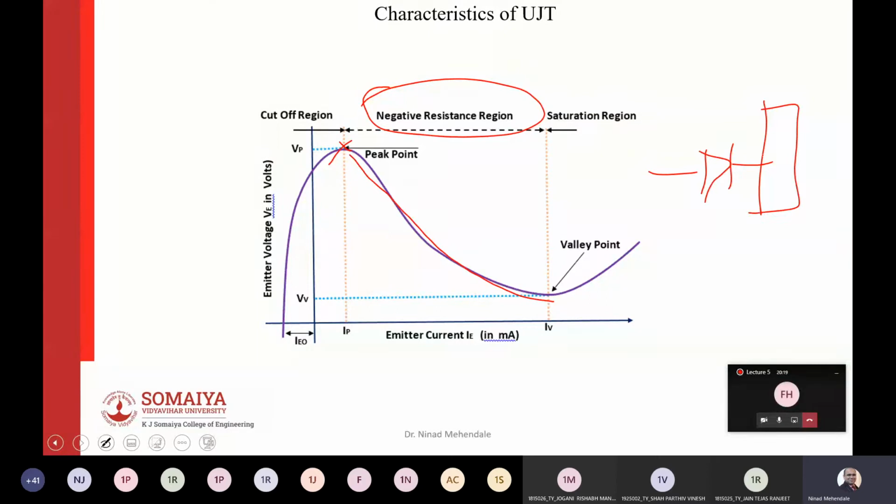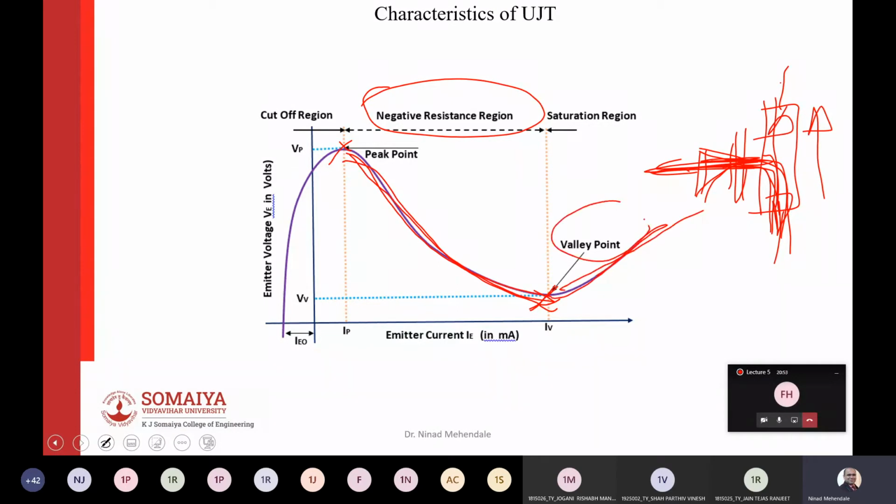Initially, you can imagine there is no current coming from this side, and suddenly when this diode turns on, the current gets added, and that's why the actual value of current in this direction is reducing because of this excess current, and that's why you reach the valley point. Since it has compensated for all the excess electrons, now you will again have your regular current increasing. So that is where your saturation is reached, or the UJT got turned on.